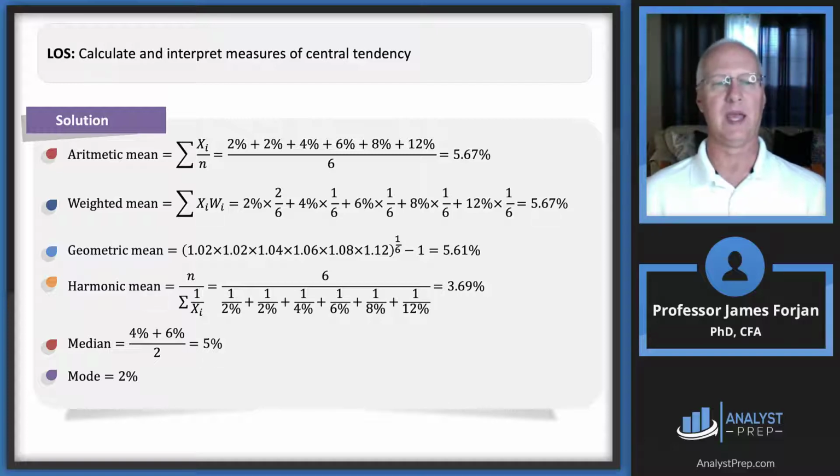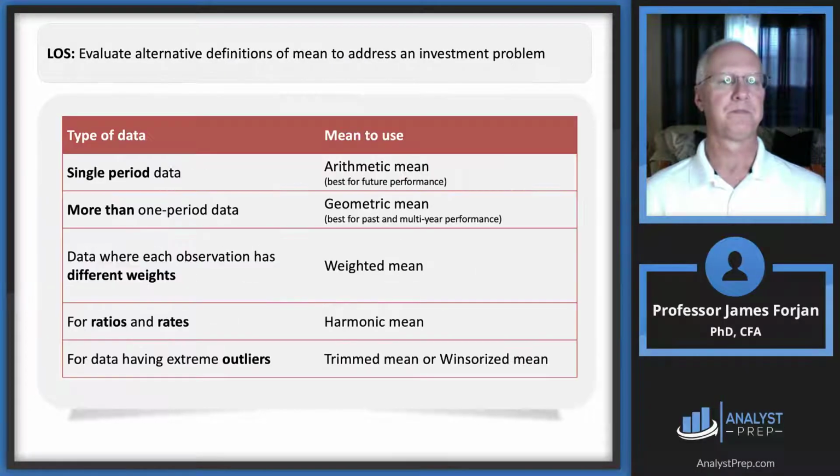That's going to be the case. Notice that the harmonic mean has 6 in the numerator. The mode is 2% because that's the most commonly observed data point. And then the median is just going to be the two midpoints, 4 and 6, divided by 2. That gets you 5.